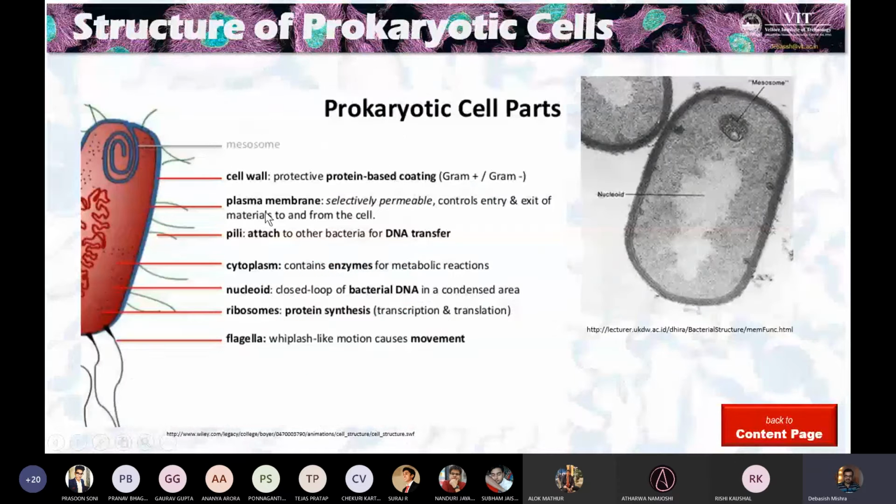This is the function, you can see. So what are the functions? The cell wall protects the cell. Of course, it holds the liquid cytoplasm together, and it's kind of a polythene bag which holds liquid curry when you order food from Swiggy or Zomato.